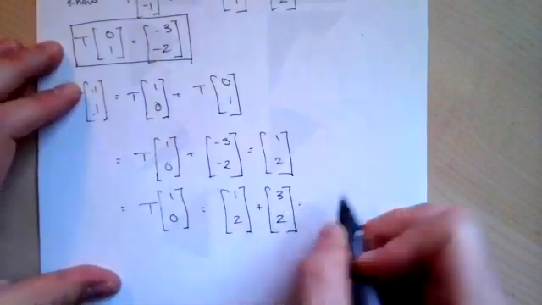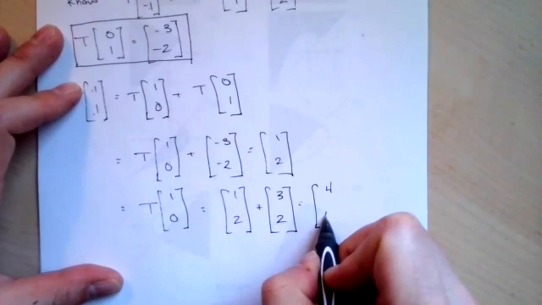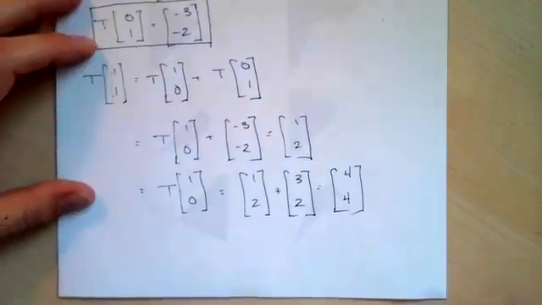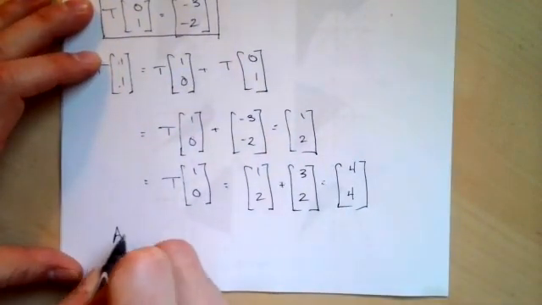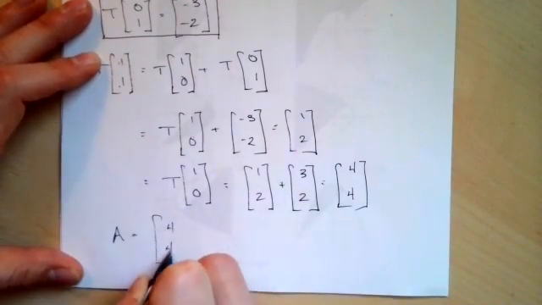And so, of course, we just do the vector addition, and we get 4, 4. So now the matrix associated with T, we can just fill in our column.